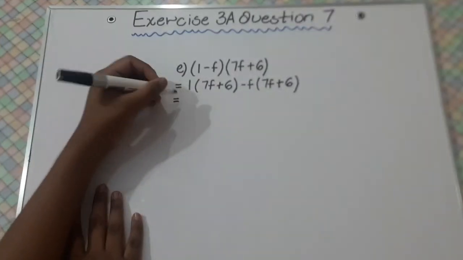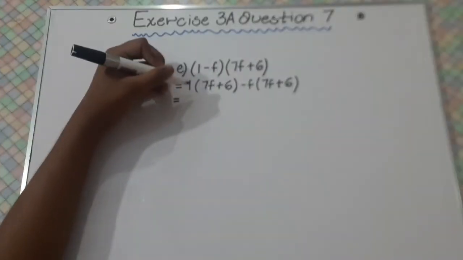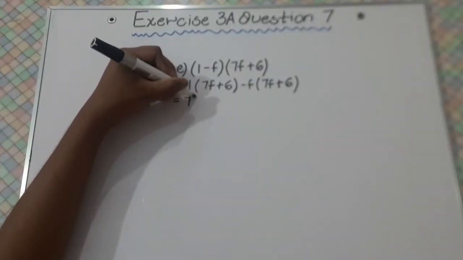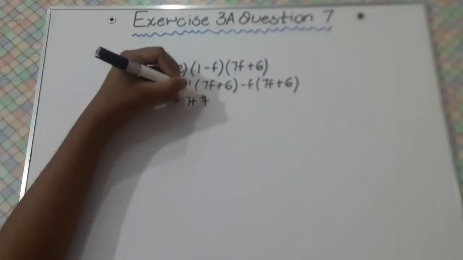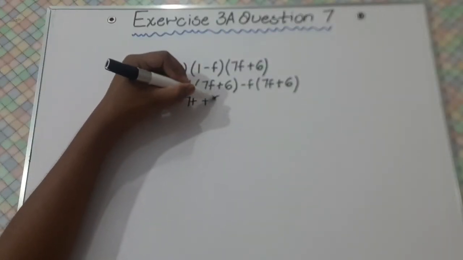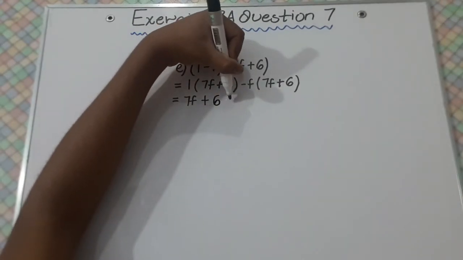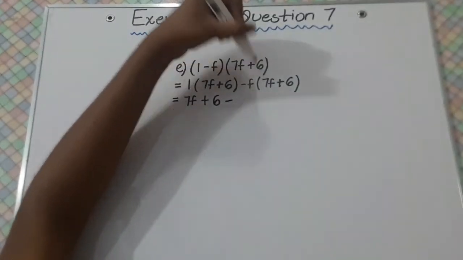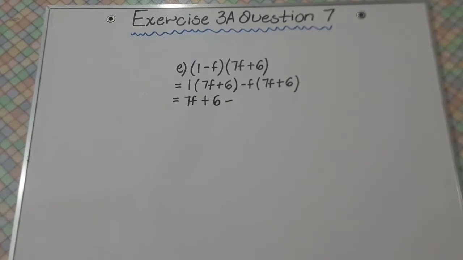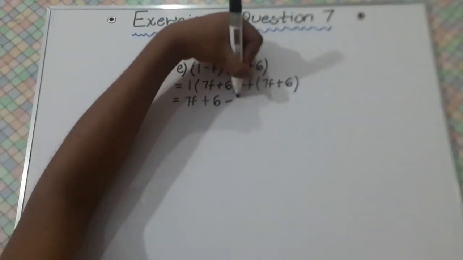So 1 multiplied by F, 7F is 7F, plus 1 multiplied by 6 is 6, minus, okay, so minus, and F multiplied by 7F is 7F square.